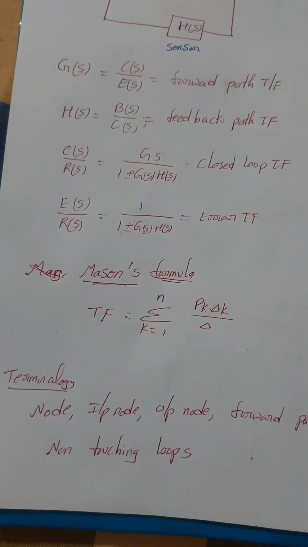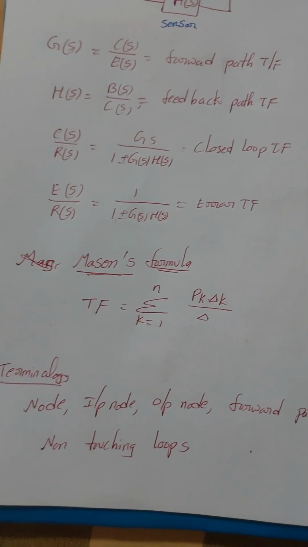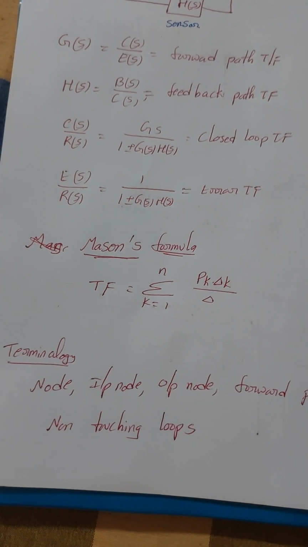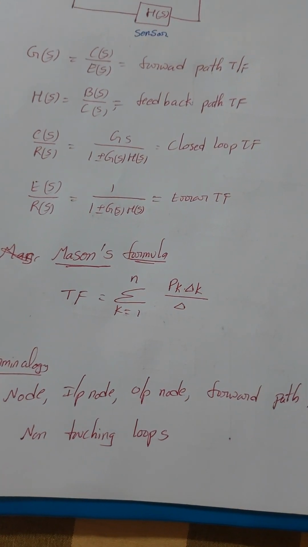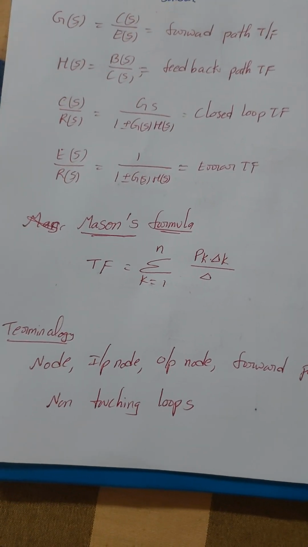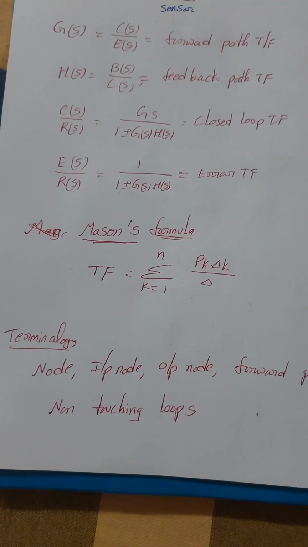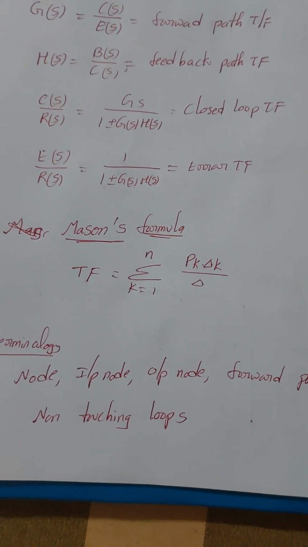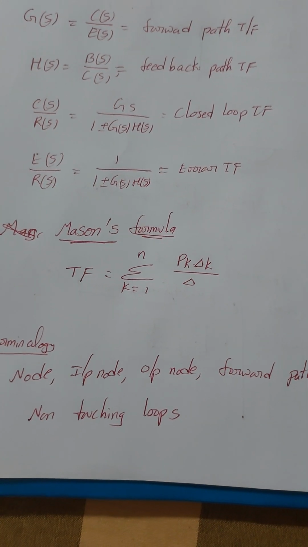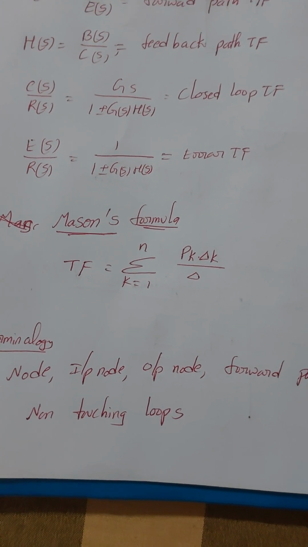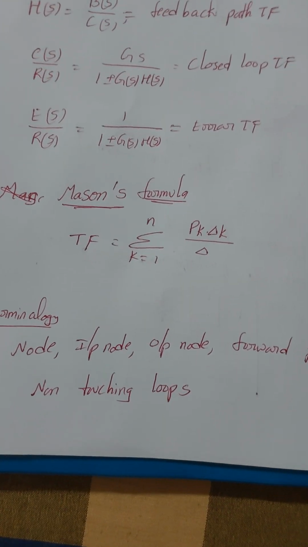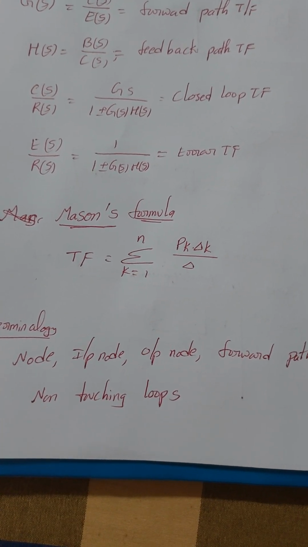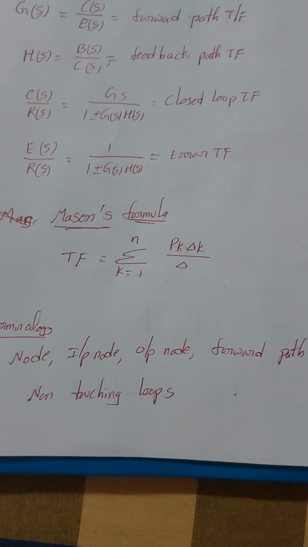Mason's formula. Transfer function equals summation k equals 1 to n of Pk delta k by delta, where k equals integers 1, 2, 3 and so on, n is the number of forward paths, and Pk is the gain of the kth forward path. Delta is the determinant of the signal flow graph, equal to 1 minus the sum of all individual loop gains plus the sum of products of two non-touching loop gains.